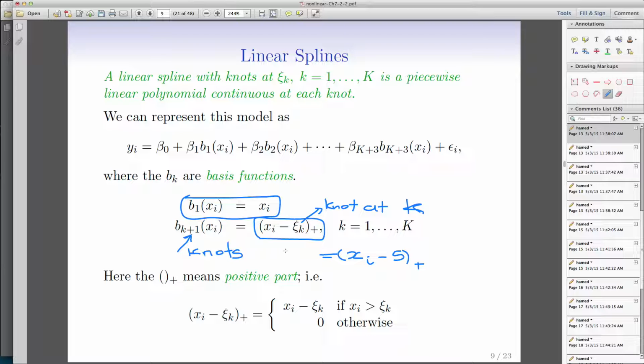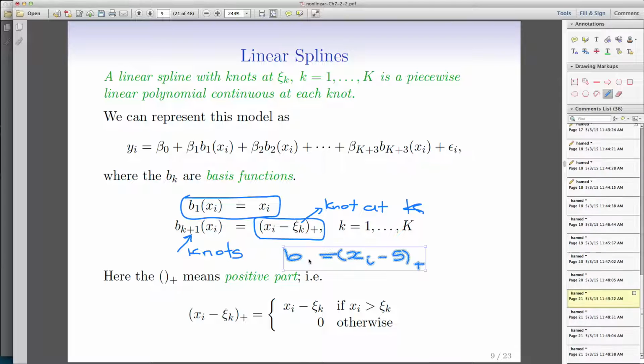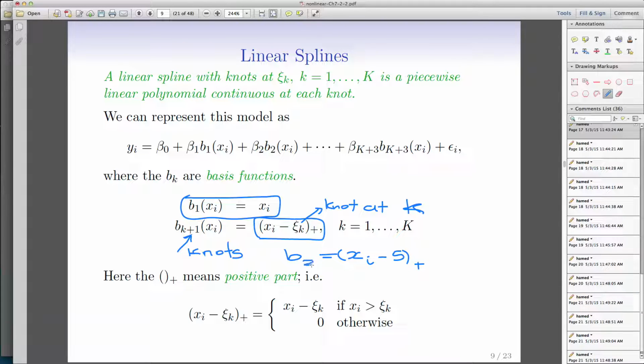Let's say this is our first knot. So what is B2 of 3? See, 3 is less than 5, the knot. So 3 is less than 5.